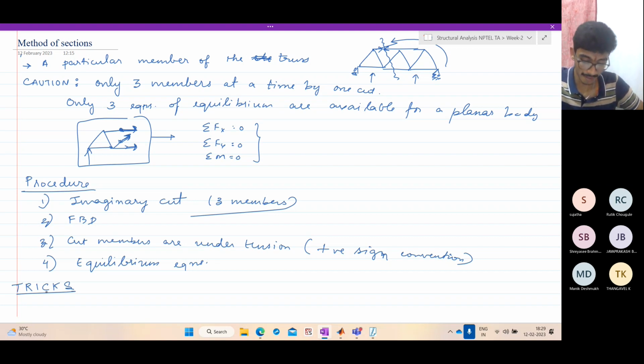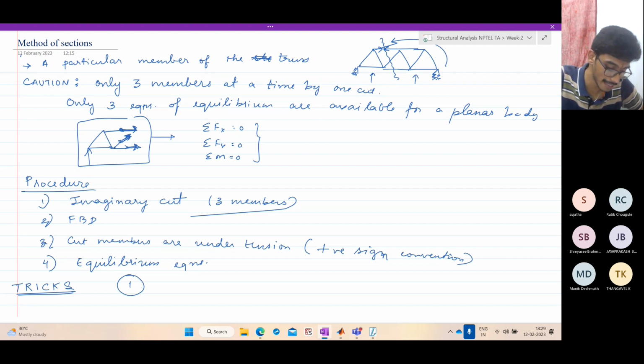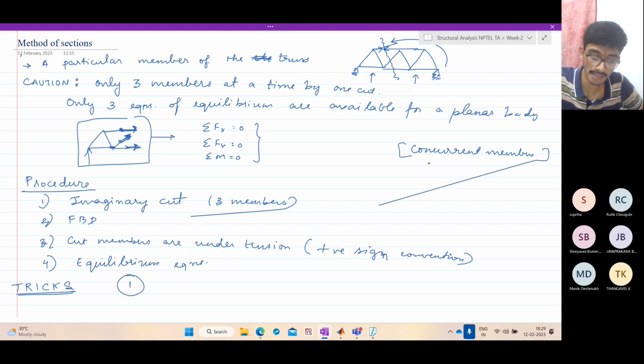So the first trick is, if you have two members, as in this case, that are concurrent at this point, then enforce moment equilibrium about their point of intersection. Say this point is D, then enforce moment equilibrium about this point. Why? Because these two unknowns will not appear in the moment equation because they act through the point.